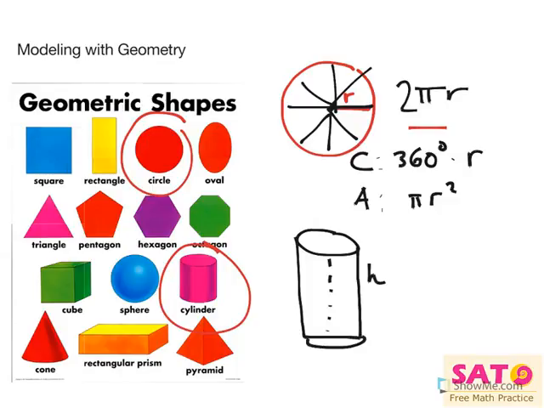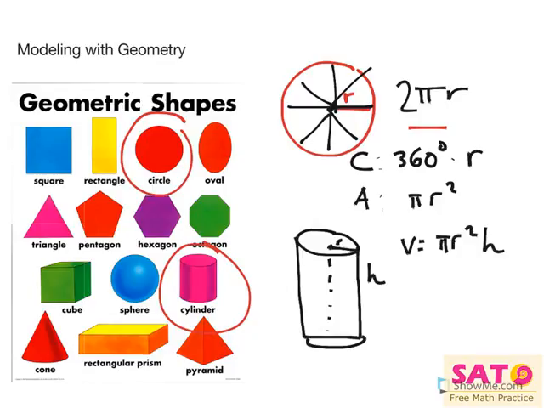And the radius, just like a circle, radius. So we would have to find the volume, which is like the area of each circle. So we would have pi r squared, and we have a height that we have to multiply by to get the volume. And this would be the formula right here for a cylinder.